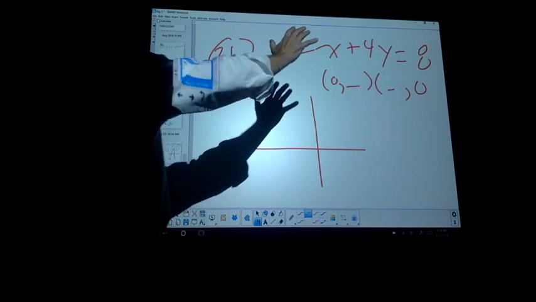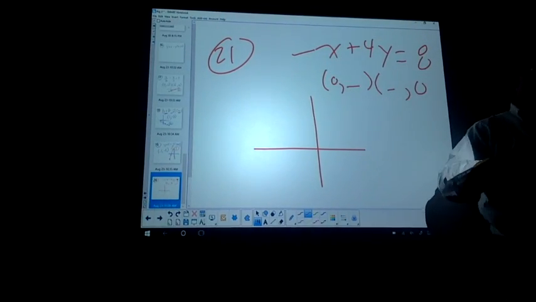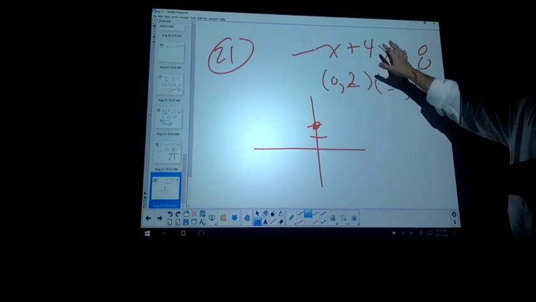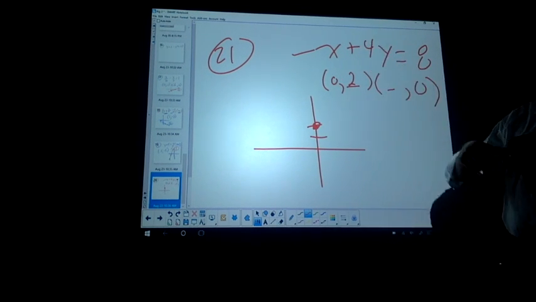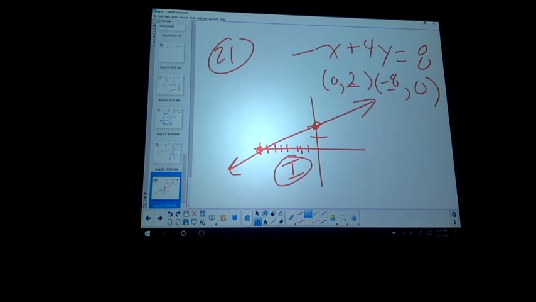If I cover this up, because I'm plugging the 0 in, I get 4y equals 8, so y equals 2. So 0, 2. And then that's a y value, so plug that in, that covers up, so I get negative x equals 8, so x has to equal negative 8. That's increasing.